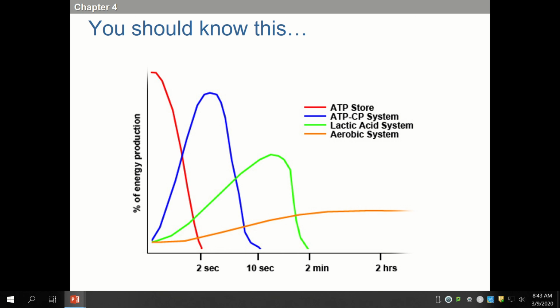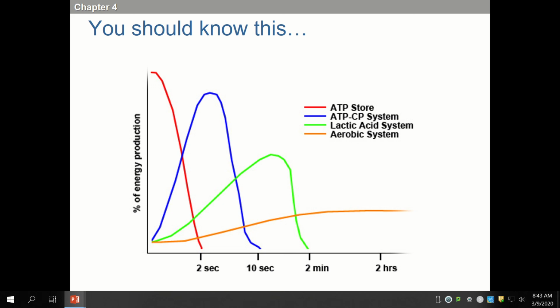A couple of points I wanted to make about this: percent of energy contribution for the different energy systems. I want you to write these down. The ATP store, we do store some ATP, and it can produce the majority of our energy for upwards of half a second to a second.